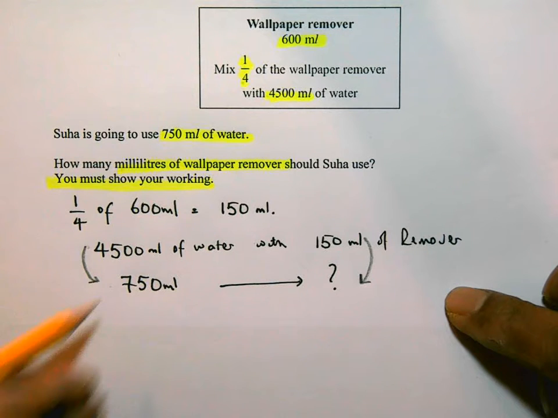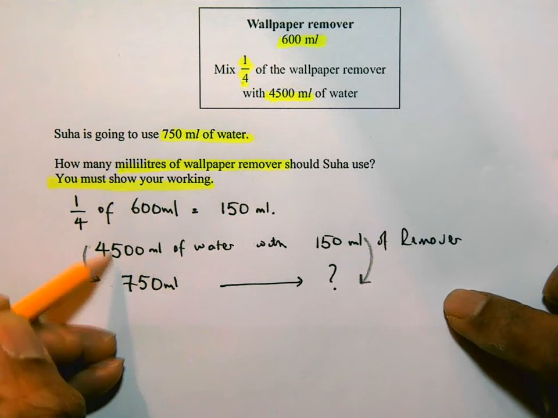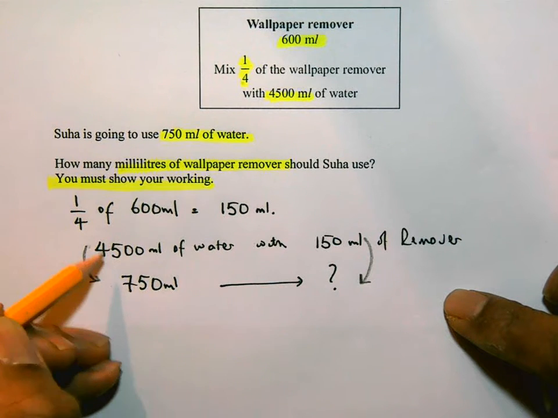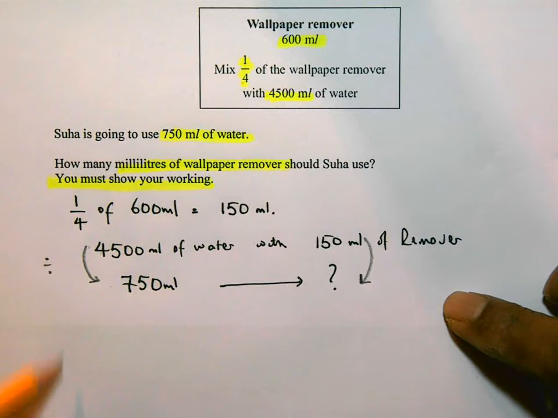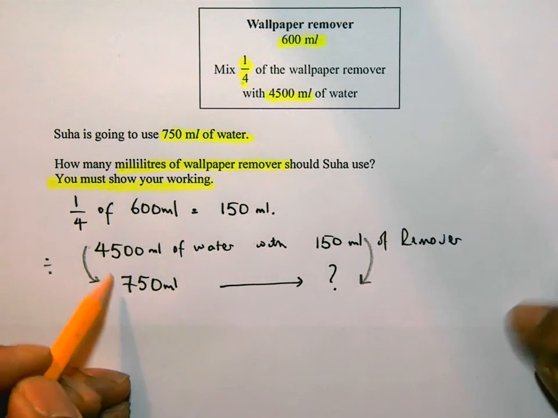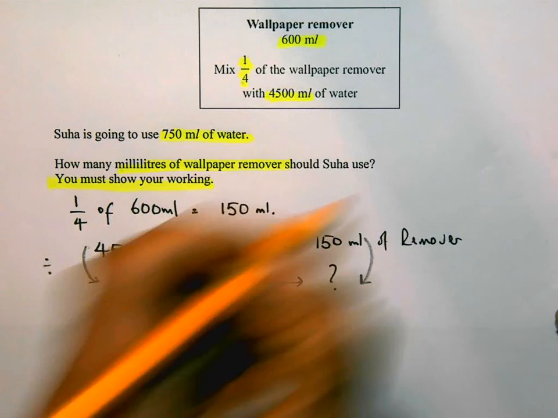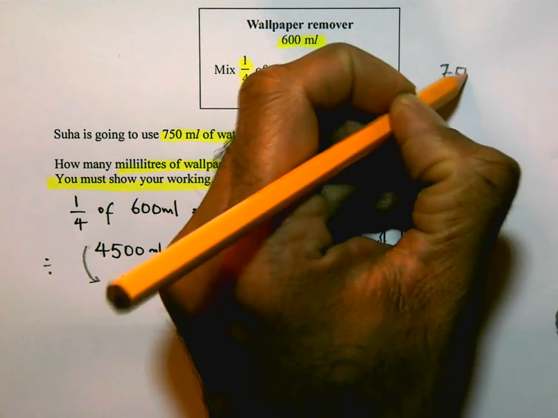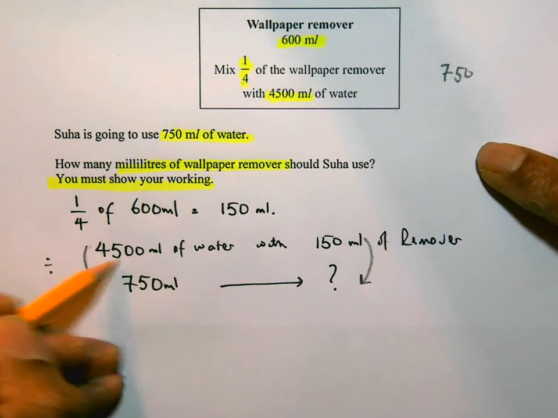So if I think about this, how many 750s go into 4,500? In other words, what do I need to divide by over there? So to think about that, I'm going to think about the 750 times table. I'm going to work my way up to see how many 750s make 4,500.